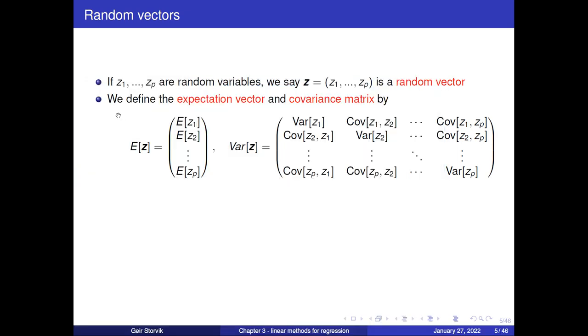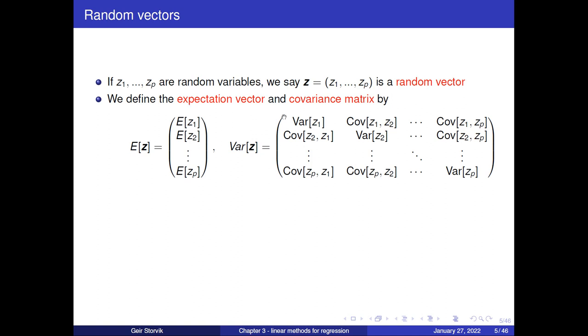But then we will go further and also define expectations and variances of such a vector. The first part is again quite easy, in that an expectation of a random vector is just the vector of the expectations. So it's the expectation of Z1, the expectation of Z2, and all the way up to Zp.